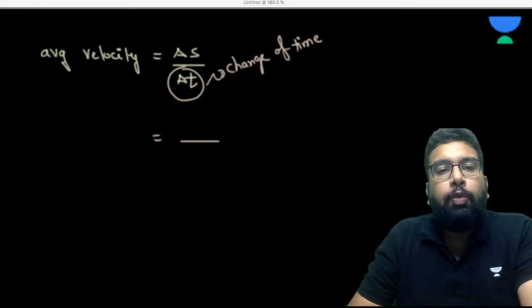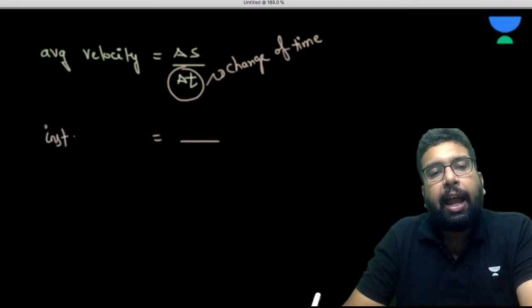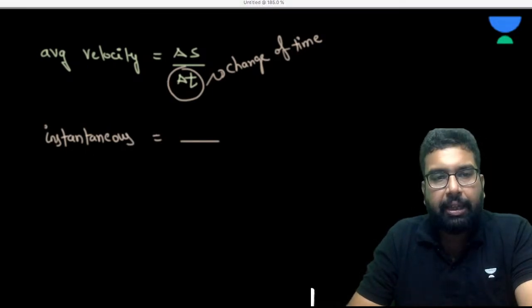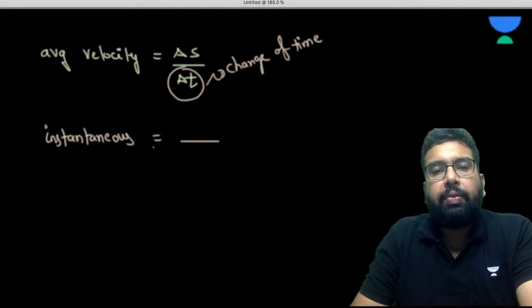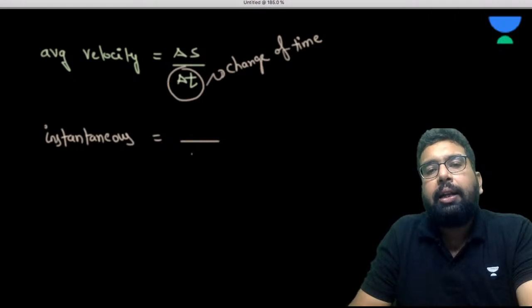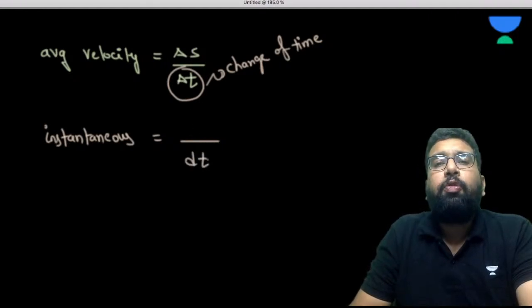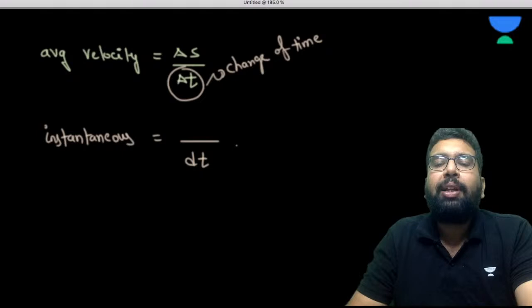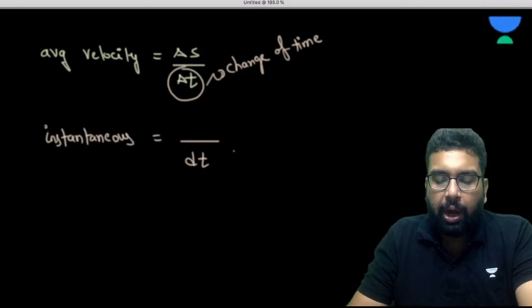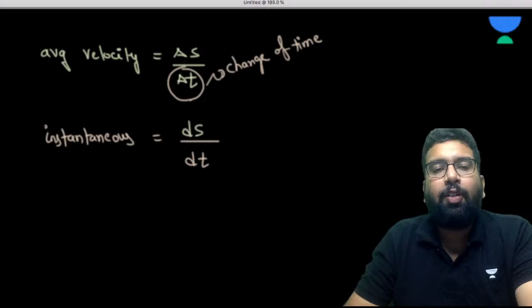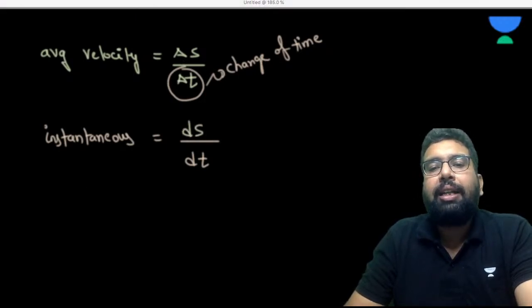So what we do when we are seeing instantaneous velocity, and the same for instantaneous speed, which is just the magnitude of it: this delta t, you are going to make extremely small. When something becomes extremely small, it is reduced to a differential quantity. Similarly, the change in displacement also becomes ds.